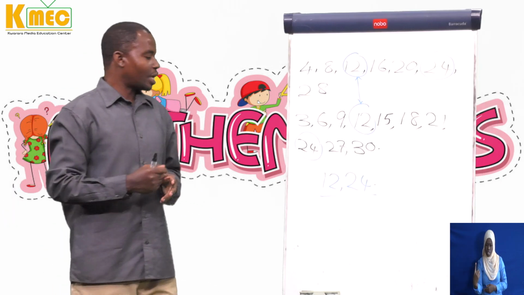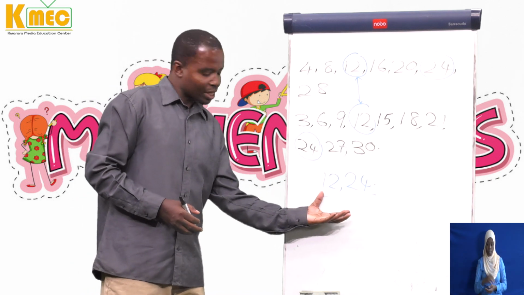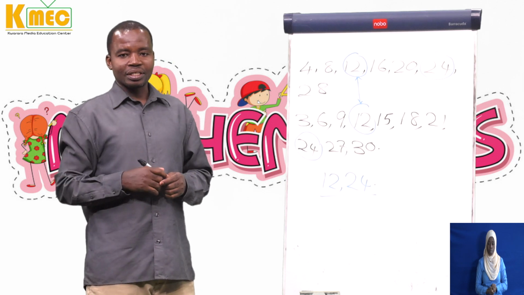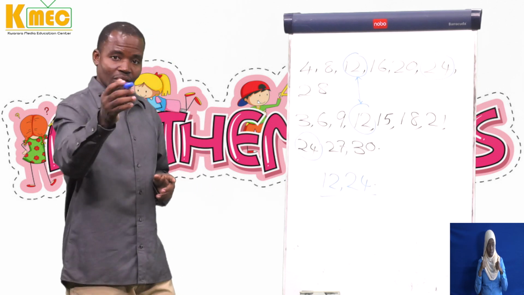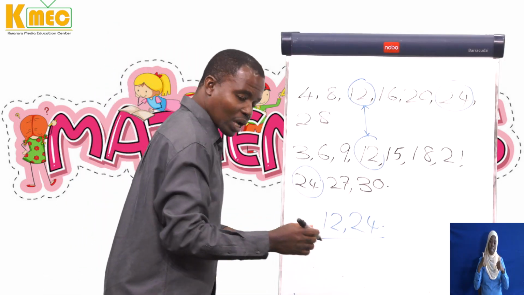So which one is the lowest among them? Here are our common multiples. Very good. The lowest is 12.